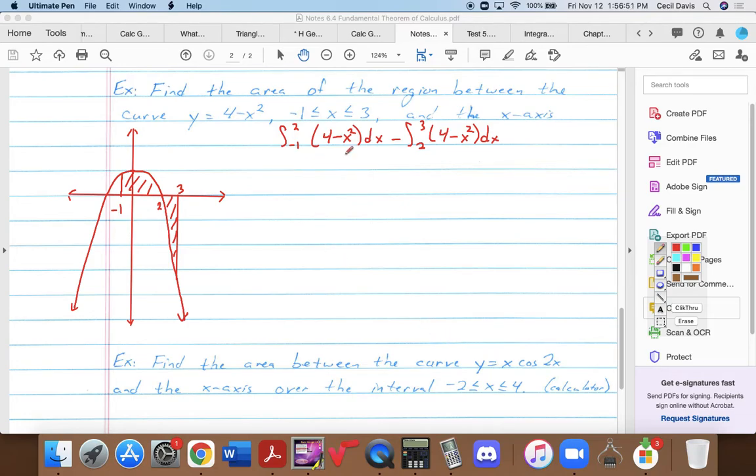So now we have to think of, well, what would be an antiderivative of 4 minus x squared? 4x minus 1/3 x cubed. Indeed. So we want to evaluate that from -1 to 2, minus the same expression, 4x minus 1/3 x cubed, from 2 to 3.